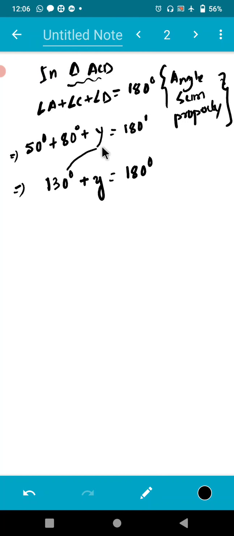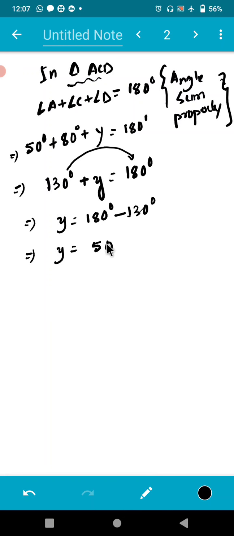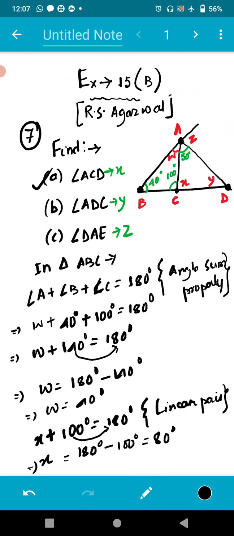Now, we will transpose this 130 degrees to the 180 degrees side. So, 180 degrees minus 130 degrees, and we will get the value of Y as 50 degrees. So, we are done with this part also.